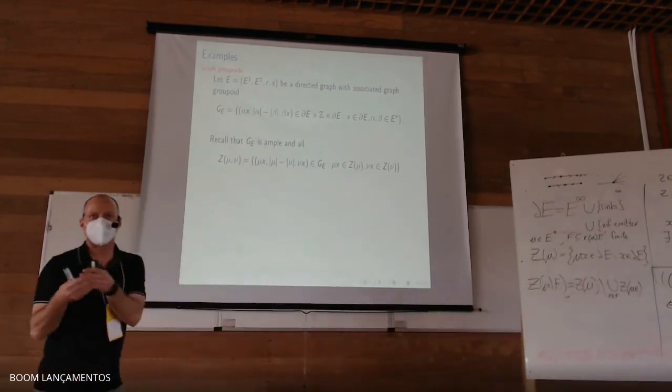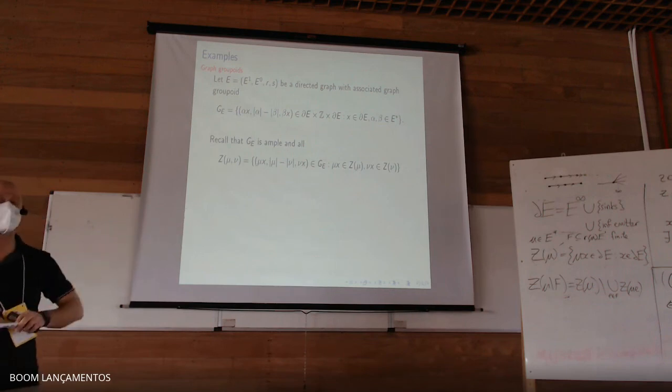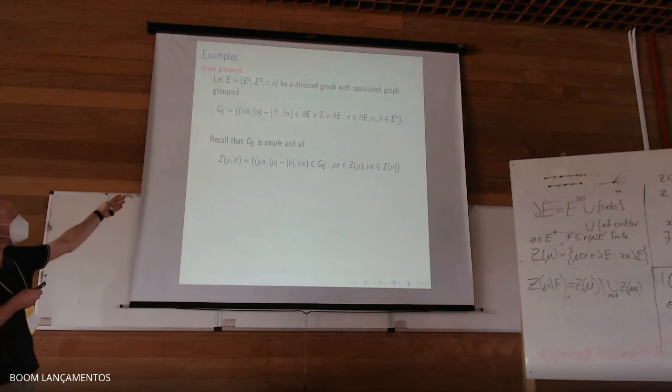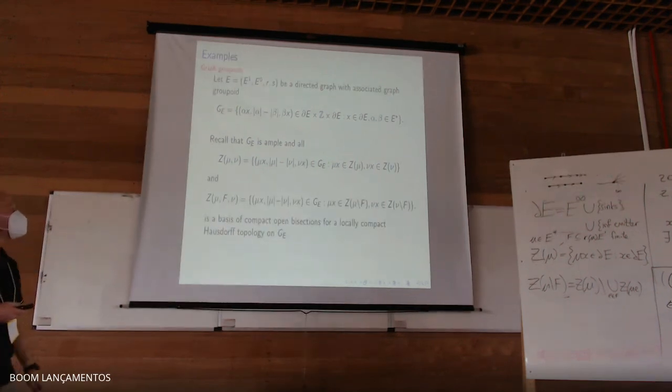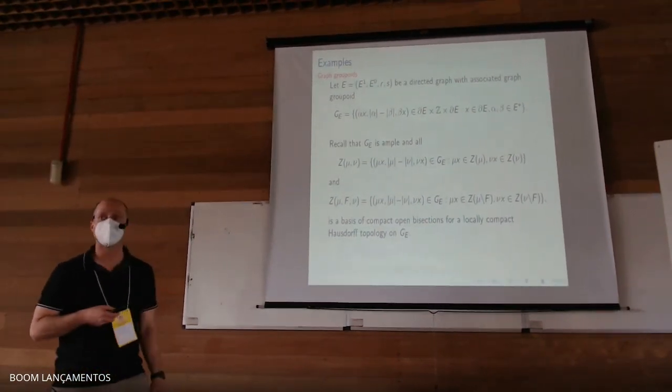Right, so we just exclude all the edges that are in that set F. And those sets form a basis of compact open sets for the boundary path space. So we could use them to define a compact open basis for the topology on the groupoid, the graph groupoid.